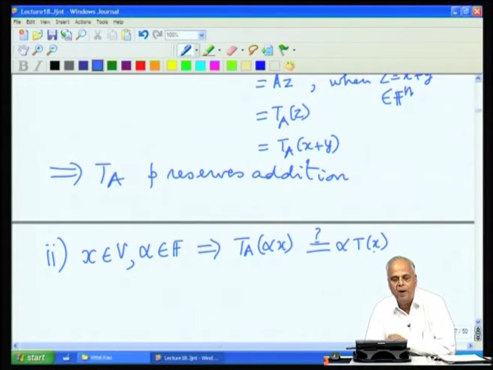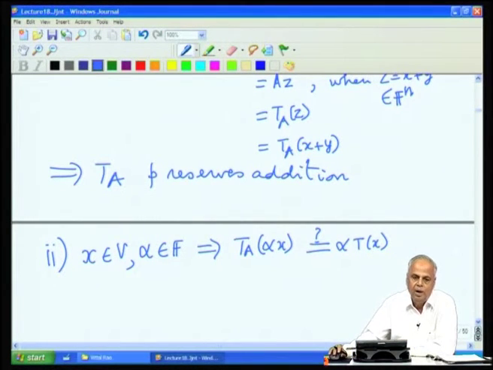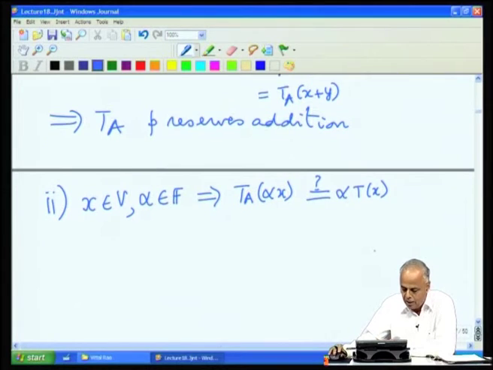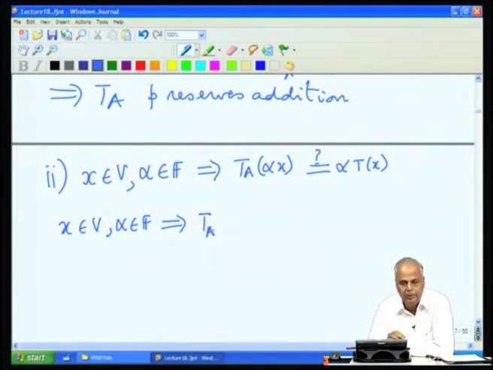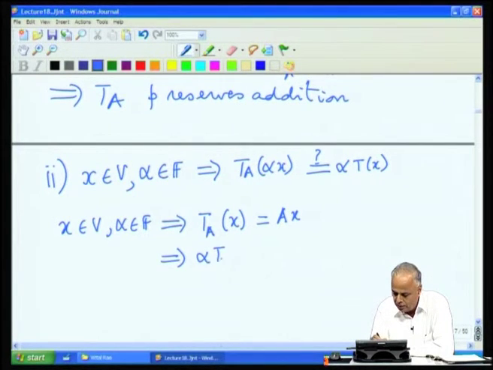If this is satisfied, then we will have that TA preserves scalar multiplication. Now, we have x belonging to V, alpha belongs to F. Since x belongs to V, by our definition of the transformation, TA x will be equal to Ax, which means alpha TA x will be equal to alpha times Ax.